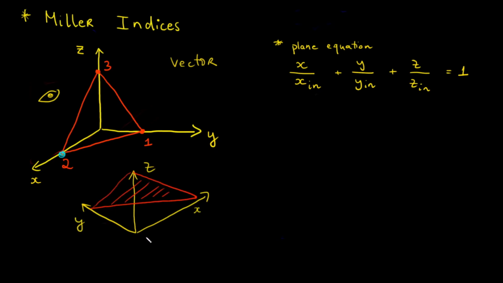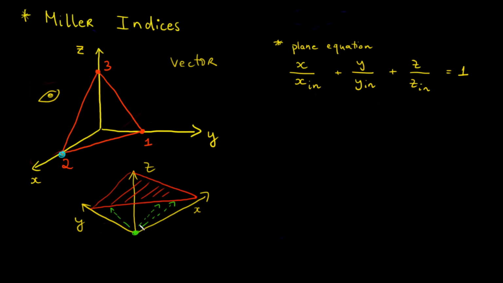The question is how many vectors you can make from this reference point to the surface of the plane. From this point, you can make the vector right here, or over here, or even right here. Basically, you can make an infinite number of vectors from the y-axis to the x-axis that can touch the surface of this plane. But we want to choose a vector that's easy for us to construct and represent this plane.